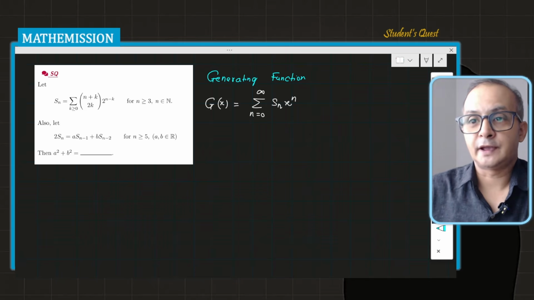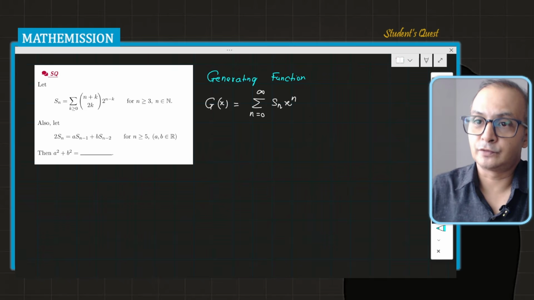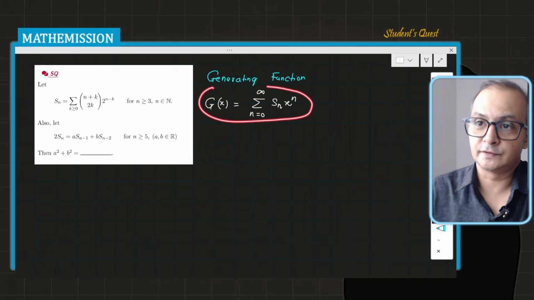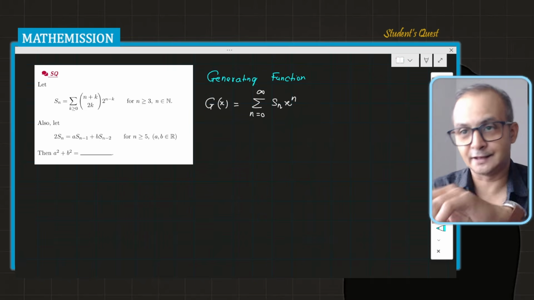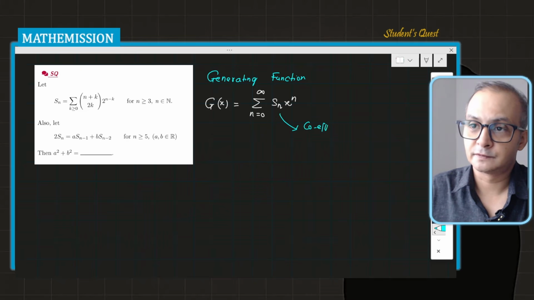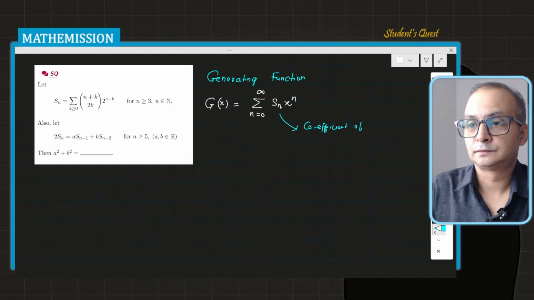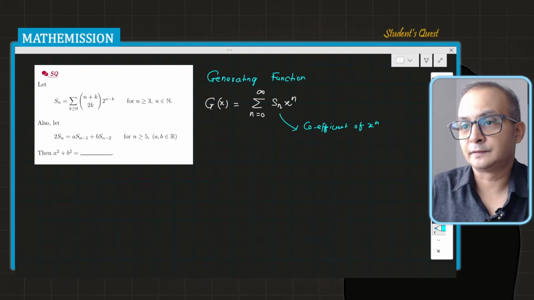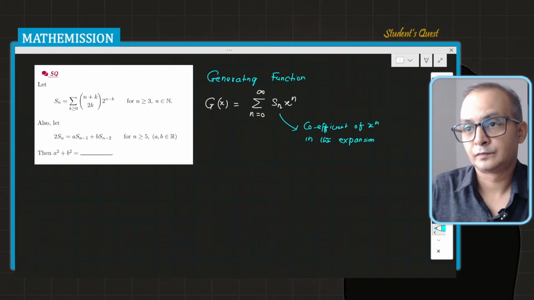Means suppose if anyhow I will try to find the g(x) itself, the Sn will be nothing but the coefficient of x^n in this expansion. So let me write this thing in words, like Sn is nothing but the coefficient of x to the power n in the expansion of g(x).